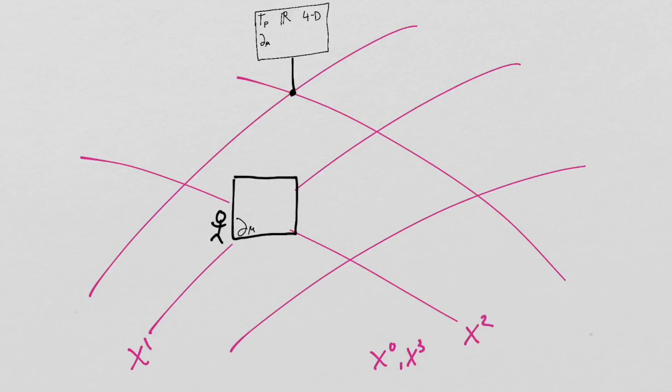For example, it's not necessarily, in fact, it's not even likely to be orthonormal, which means that g of partial mu, partial nu, right? That certainly does not equal the Minkowski metric eta mu nu, right? If it did, space-time would be flat right here in these coordinates, right?